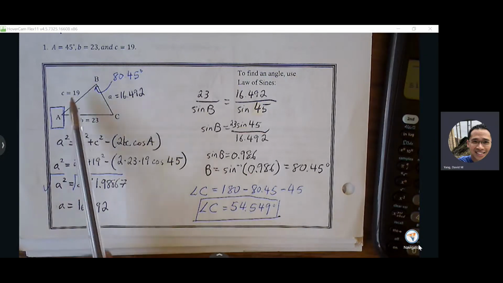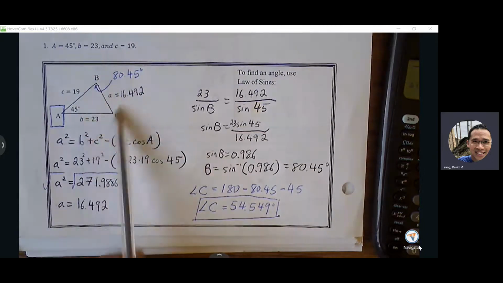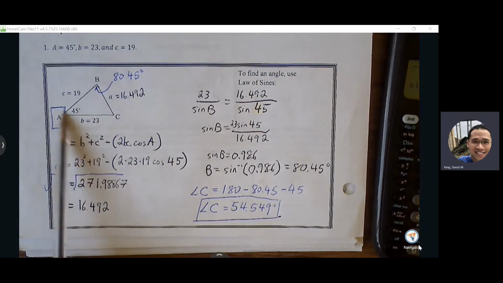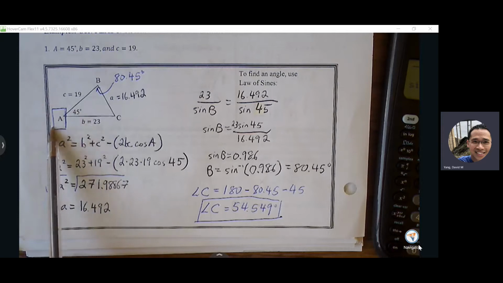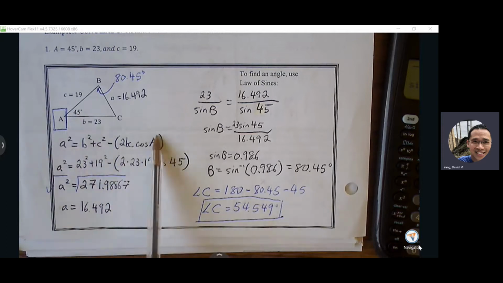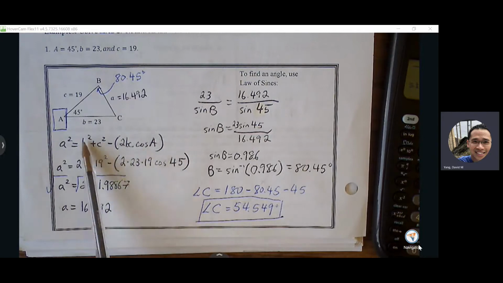Okay, so to recap, we look at what's given to us. We realize it's a side angle side. If it's side angle side, we're going to choose to use law of cosines. It's going to help us get that one missing piece that we need so that we can finish the rest of the problem using law of sines. You want to target the angle that has information on it. So because angle A has information, I'm going to choose the formula that has angle A. Parentheses are going to be really helpful when you enter it in the calculator.